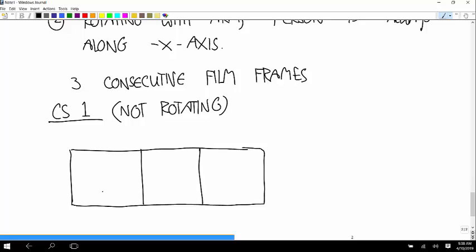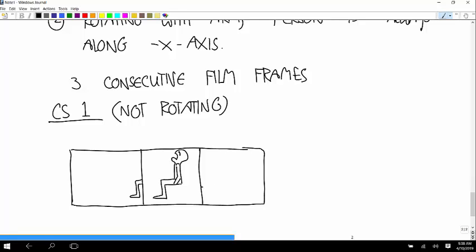Okay, in the first frame, you just see the passenger coming into the frame, right? In the second frame, the person's right in the middle of the frame.